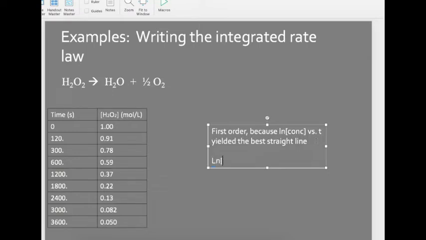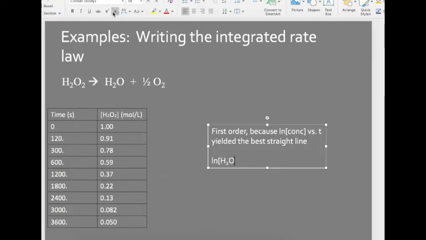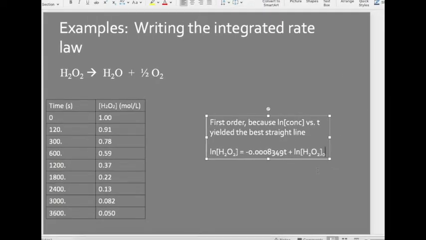The natural log of H2O2 concentration is going to be equal to negative k, where k was, according to Desmos, 0.000839, times time plus the natural log of my initial concentration, H2O2 with a subscript of 0 to say that's initial at time 0. So this is my first order rate law for this chemical reaction. Yay. This is the integrated rate law.